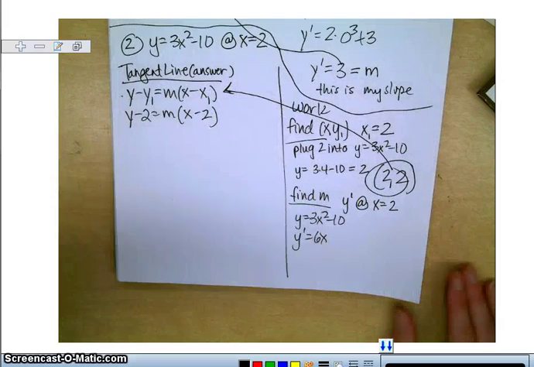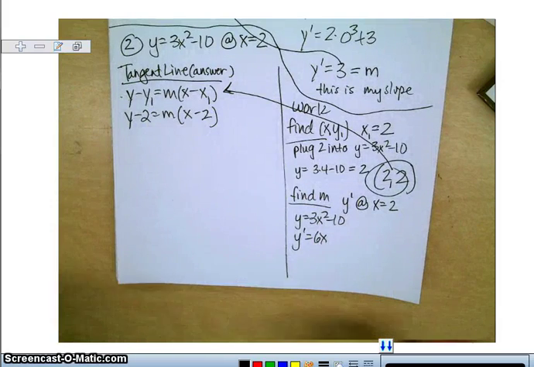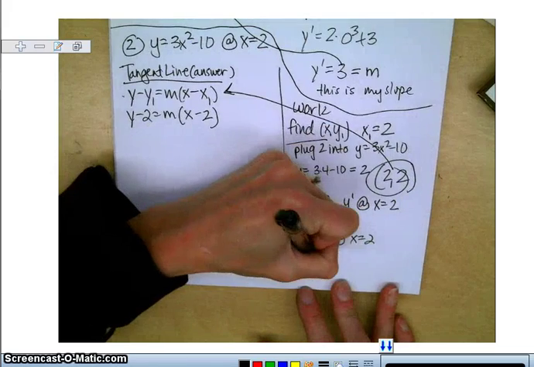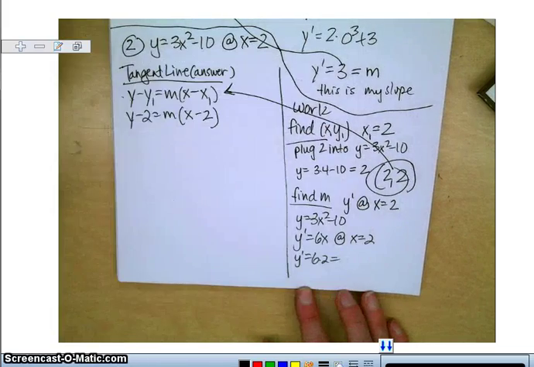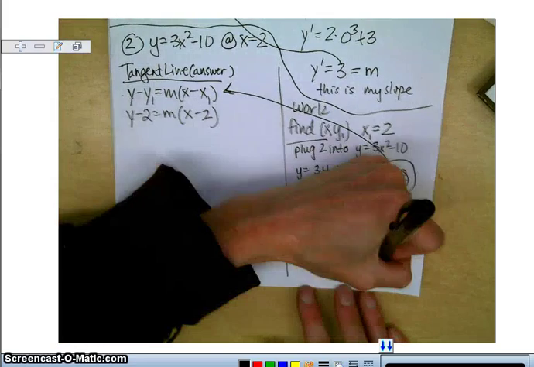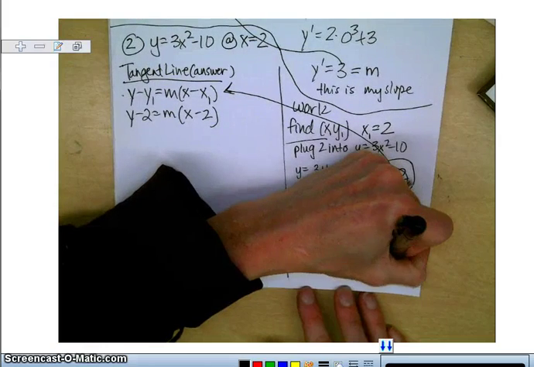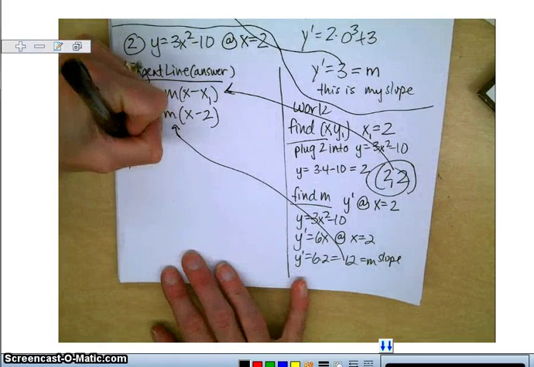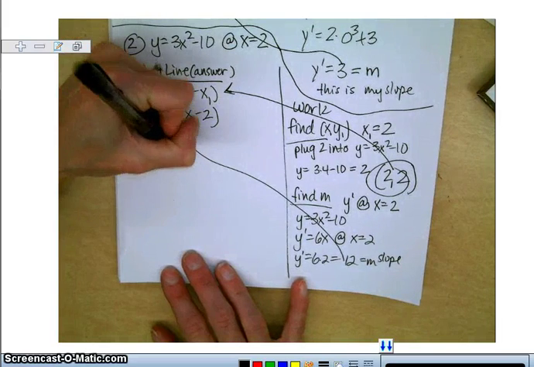What's the derivative of negative 10? 0. So at x equals 2, y prime is 6 times 2, or 12. What is that in our problem? m. That's the slope. So I put 12 in right there. So y minus 2 equals 12 times x minus 2.